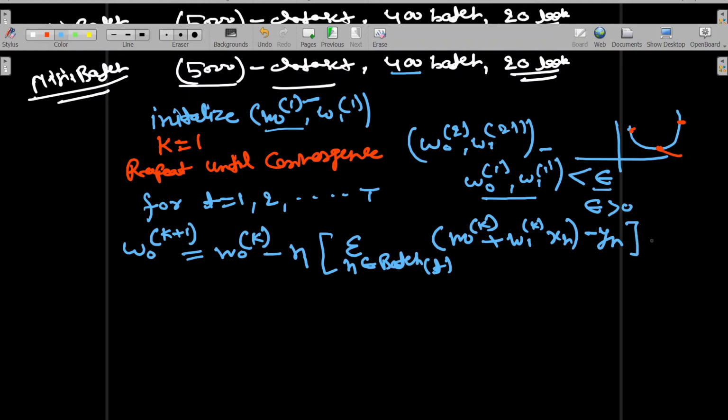So we get this after the partial derivative of the error function with respect to w0. I have already explained it. If you do not know, please go and see how to do the partial derivative of the error function with respect to w0 and w1. I am not writing it all out here because it will take time, so I am just writing the final result here.